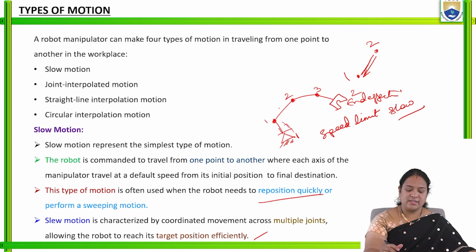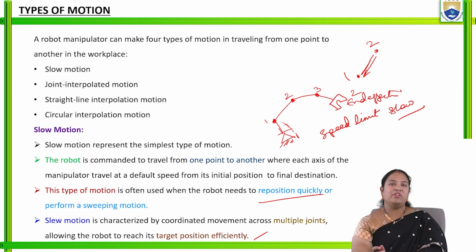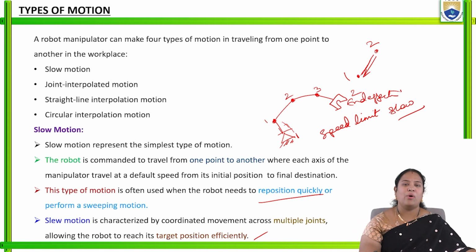It requires multiple joints to move from one coordinate to the other position. The coordinate movement of the robot manipulator requires multiple joints, which allow the robot to reach its target position more efficiently, right?